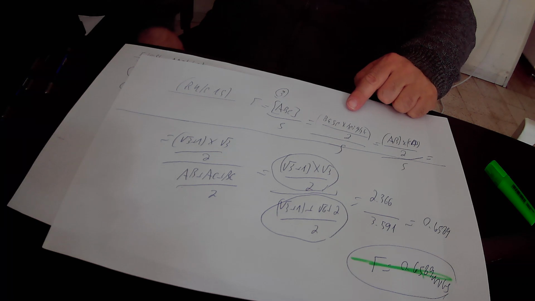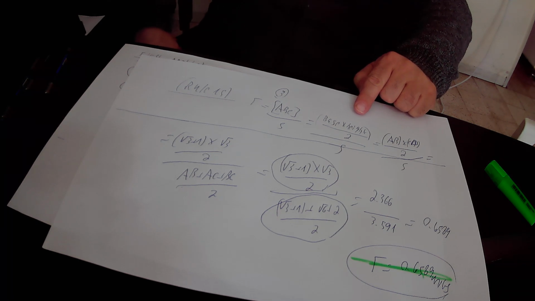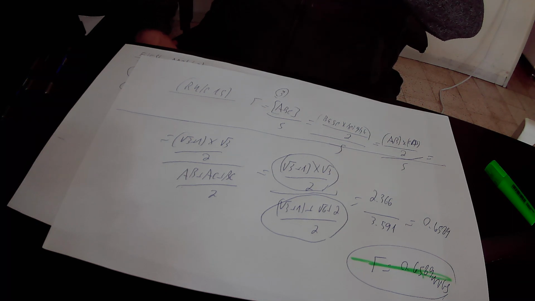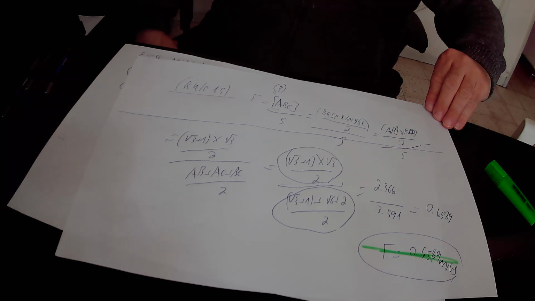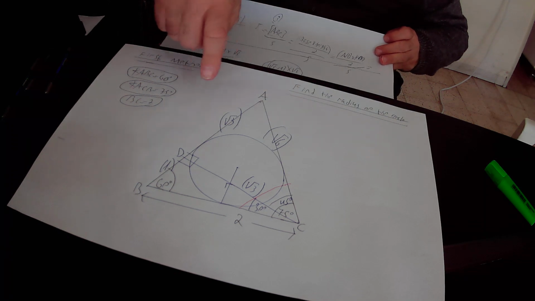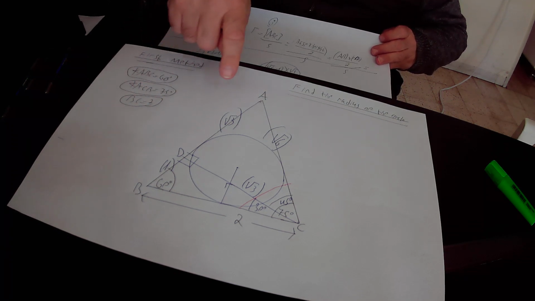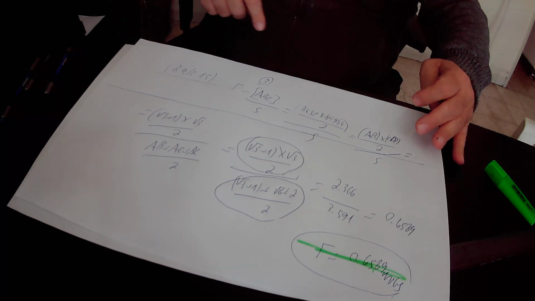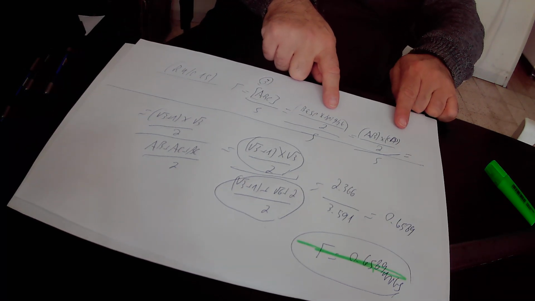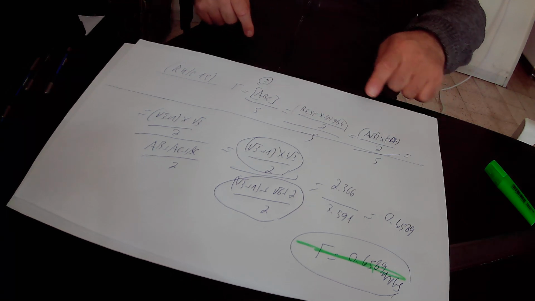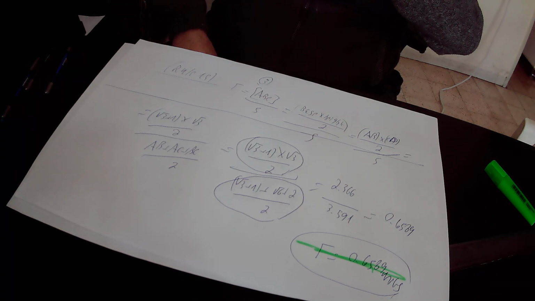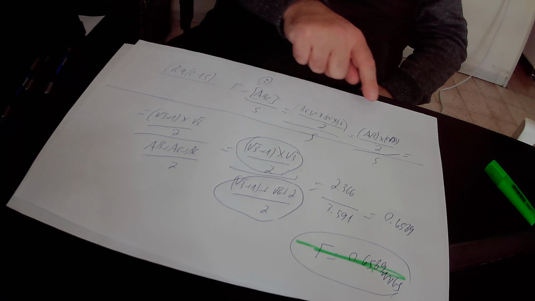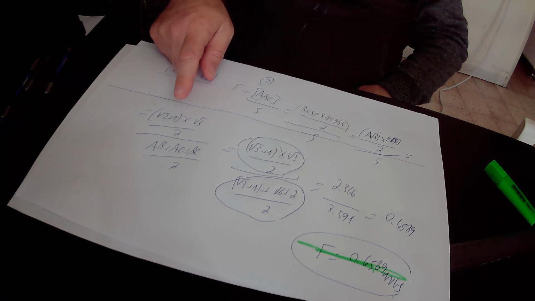The area of any triangle is the base of the triangle times the height to the base over 2, divided by S, that is the semi-perimeter of triangle ABC. We choose the base of triangle ABC to be AB, and therefore the height to the base is CD. Again, the base is AB, the height to the base is CD, divided by 2, all divided by S, the semi-perimeter of triangle ABC. AB is equal to the square root of 3 plus 1. CD is equal to the square root of 3 divided by 2.